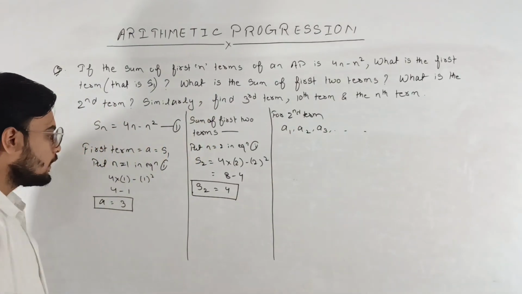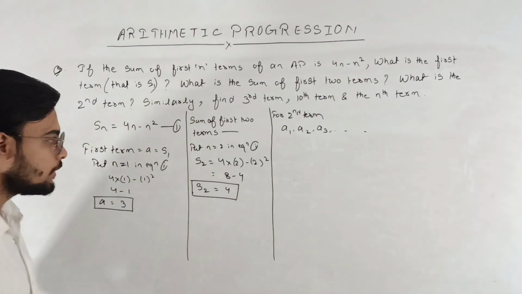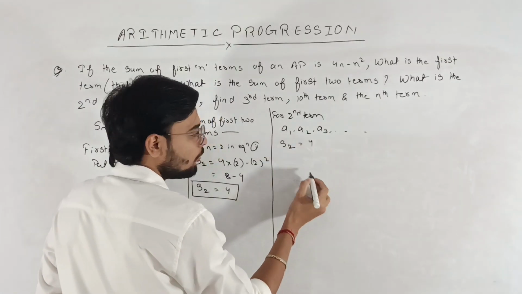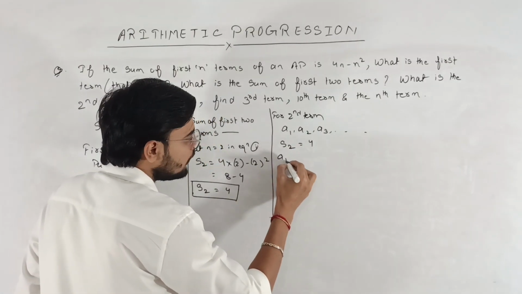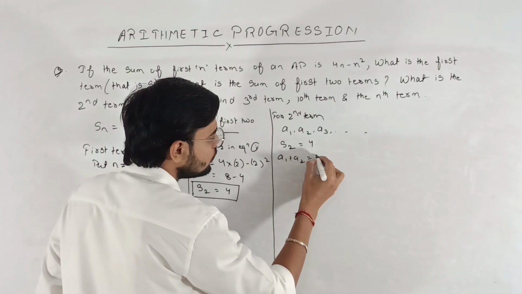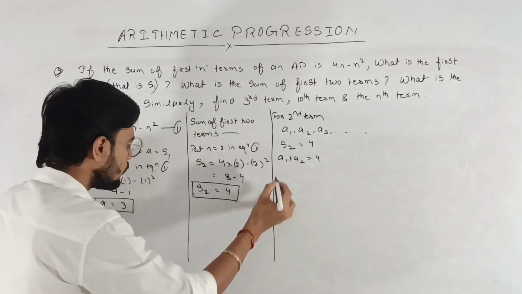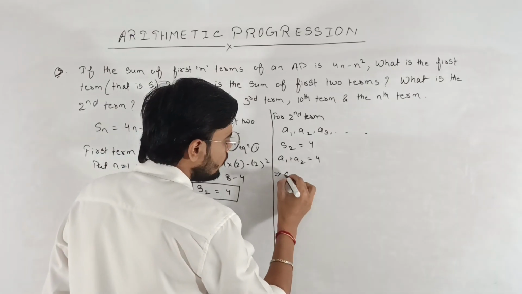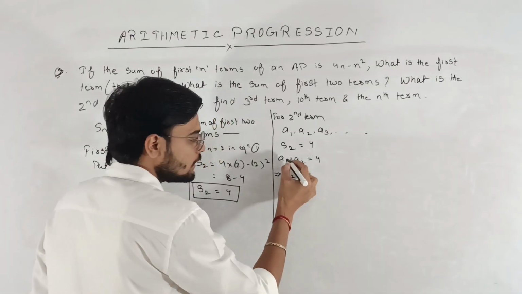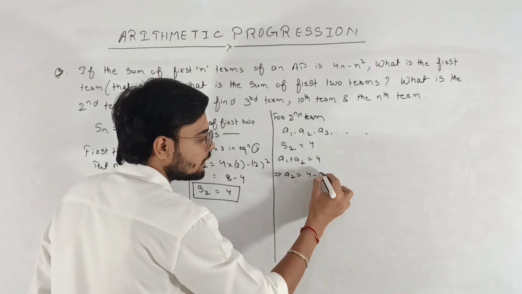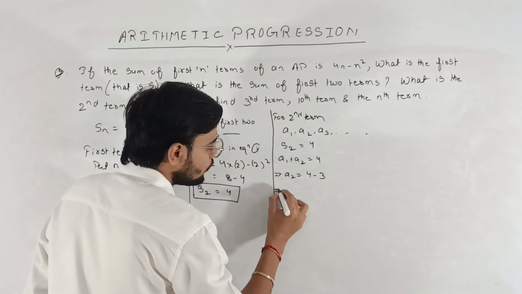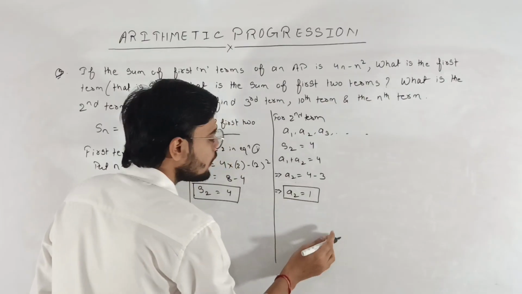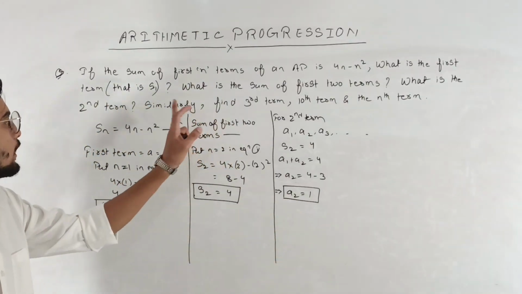Now look, S2 is 4, which means the sum of first two terms, which means A1 plus A2. If S2 is equal to 4, then A1 plus A2 is equal to 4. Now A1 is 3, the first term is 3. So from here, A2 is 4 minus 3, since A1 goes to the other side and becomes minus. So A2 is 1. Okay, now I have A2, which is 1, the second term.